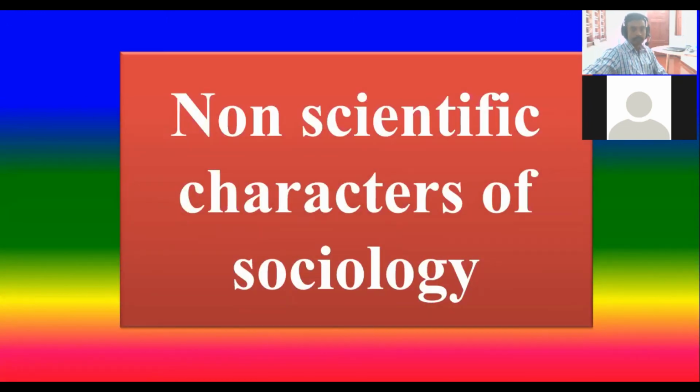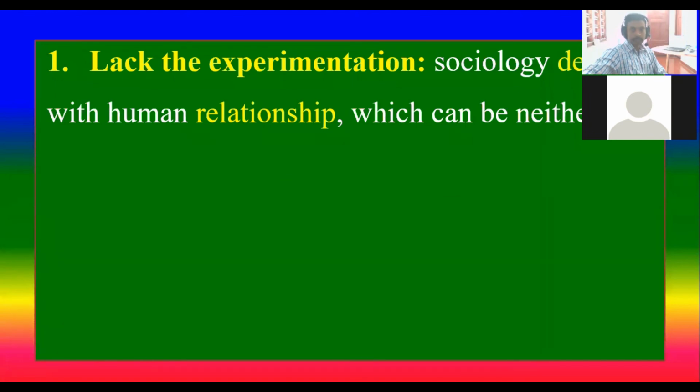And the non-scientific characters are the following. Lack of experimentation. For example, social relationships: is experiment in the laboratory possible? Impossible. So lack of experimentation is the first non-scientific character.